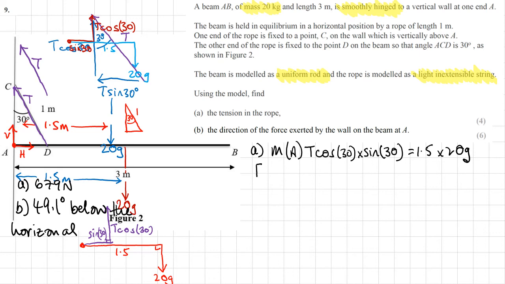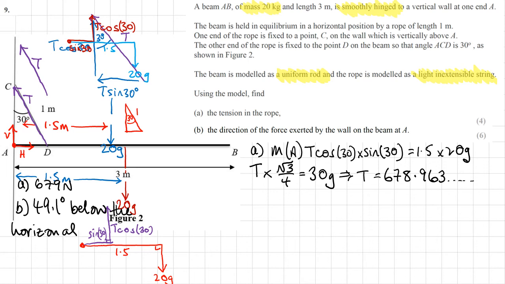Right, so we get T times by root 3 over 4, that's sine 30 times by cos 30, is equal to 30G. So T is going to be equal to 30G, or 30 times by 9.8 divided by what we've just worked out, the root 3 over 4, and we get 678.963.